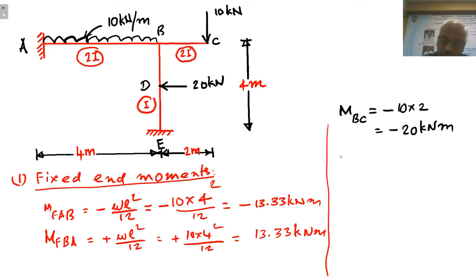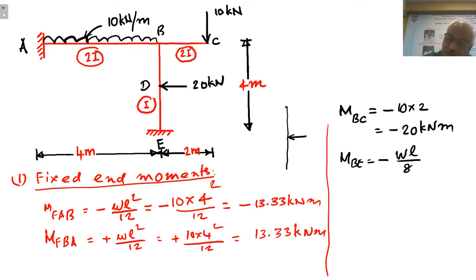Now next is MBE. MBE equal to minus WL by 8, because it is subjected to a central load. Now this is the column subjected to a lateral load like this.